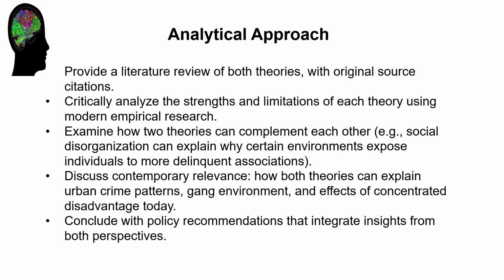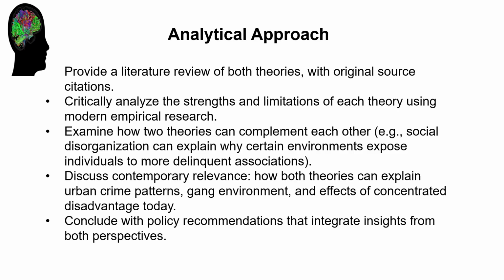As the analytical approach for my paper, I will provide a literature review of both theories with original source citations. I will clearly analyze the strengths and limitations of each theory using modern empirical research. I will examine how the two theories can complement each other.